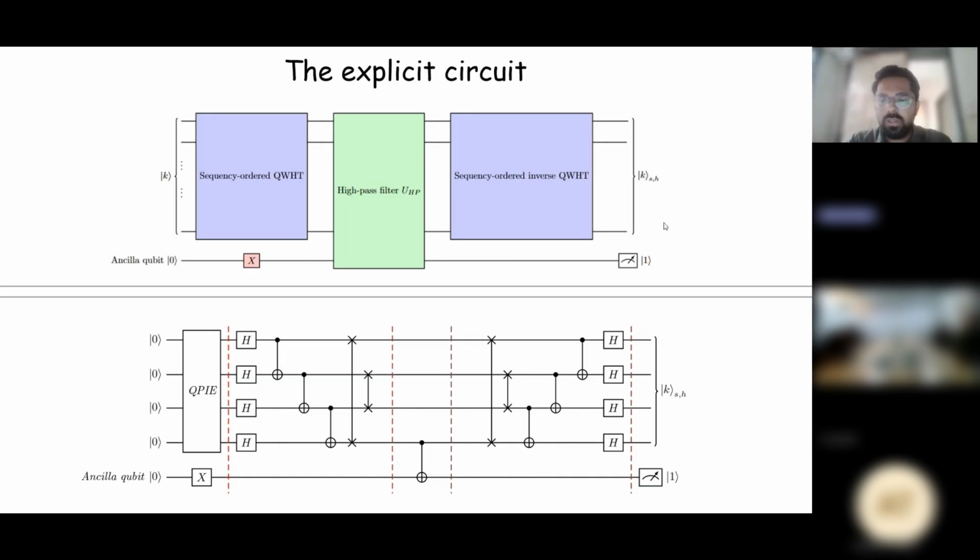So I will measure this ancilla qubit in the ket 1 state, and hence obtain this particular quantum state, which will contain all the information about the image edges without disturbing this particular state. So you can measure the ancilla qubit and just use the information about these edges in some other image processing tasks. We don't really have to disturb the qubits at all.